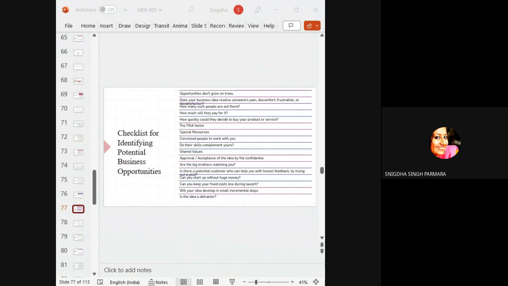The checklist for identifying potential business opportunities. First, opportunities don't grow on trees. One of the biggest myths about opportunities is that they are undiscovered fruit waiting to be plucked. No, opportunities need to be looked for and figured out.